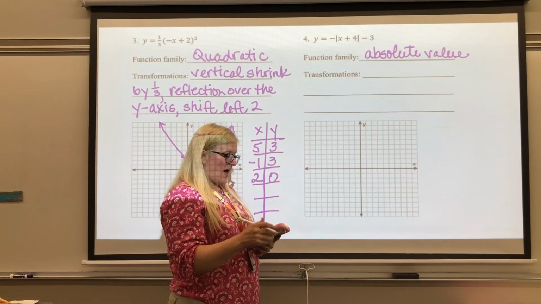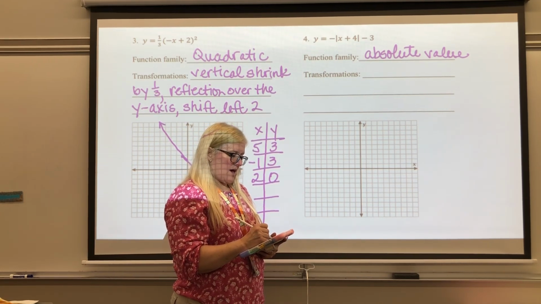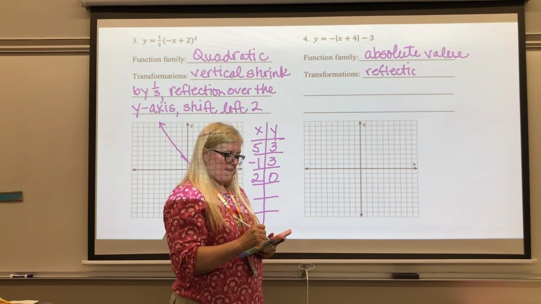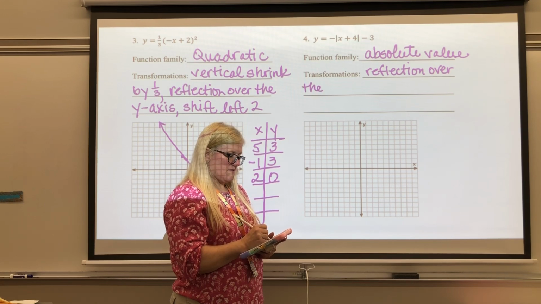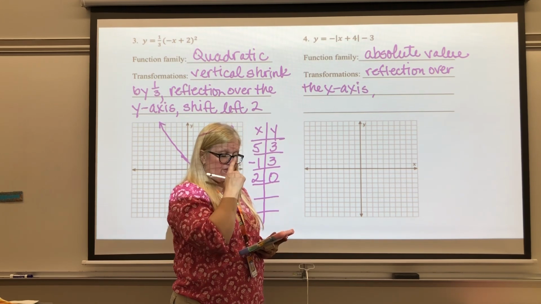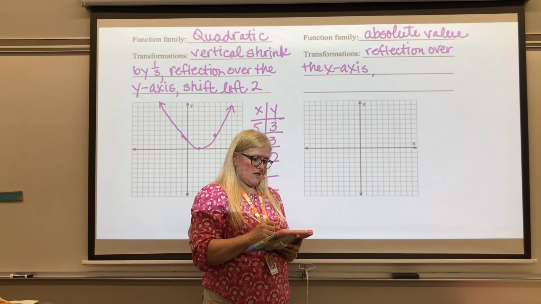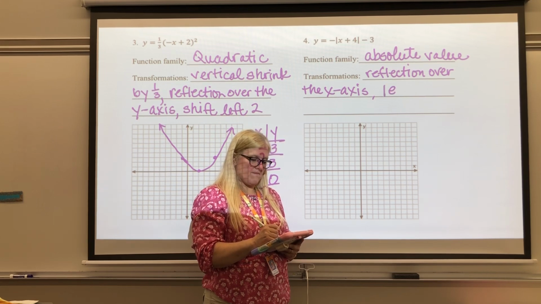Okay, that negative out front is a reflection over the x-axis. And the 4 in there is a shift. We can just say left 4 and then down 3.